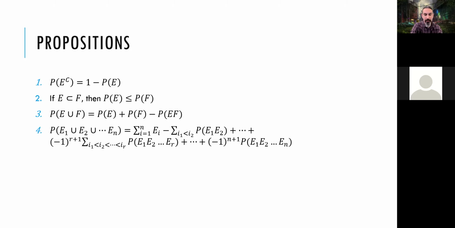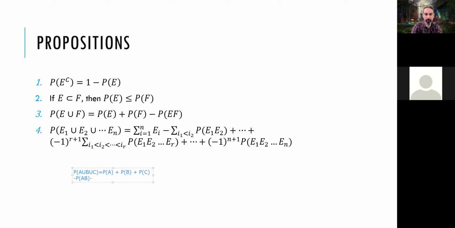The probability of A union B union C is the probability of A plus the probability of B plus the probability of C minus the probability of AB.